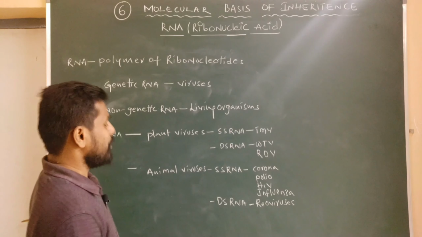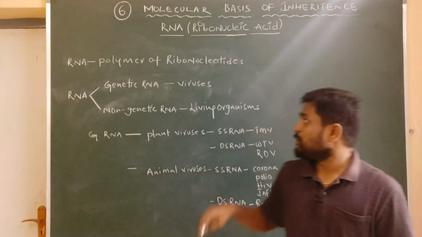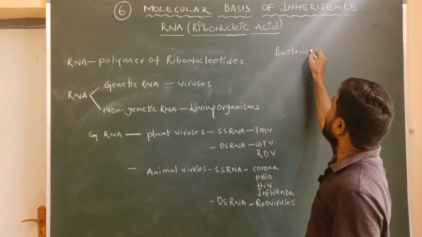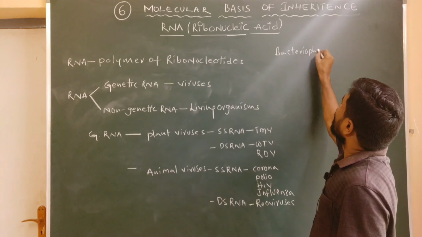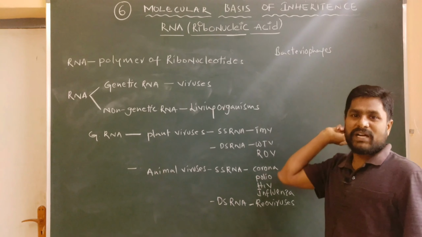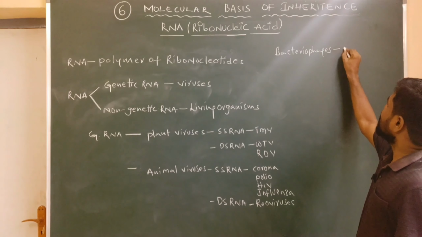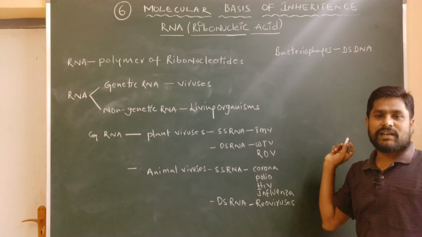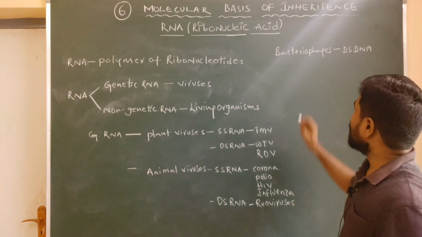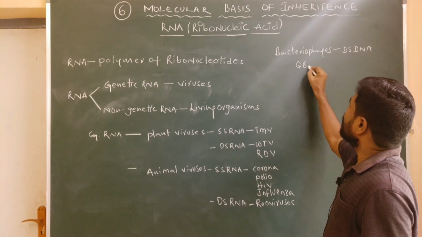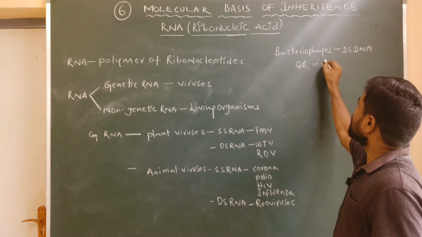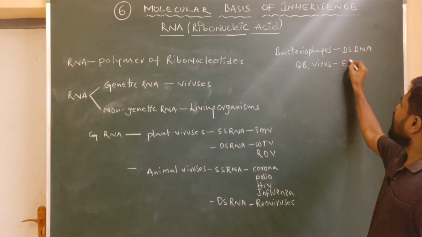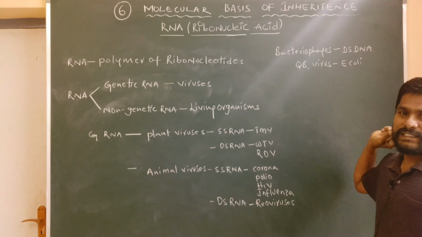And if you come to bacteriophages, the bacteriophages are nothing but the viral particles which infect bacteria. Bacteriophages generally consist of double-stranded DNA as a genetic material, but there is a bacteriophage called Qβ bacteriophage, which infects E. coli cells.